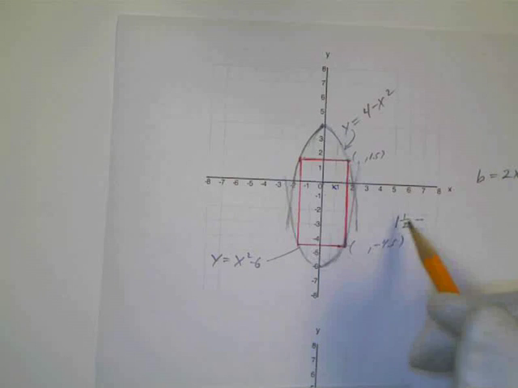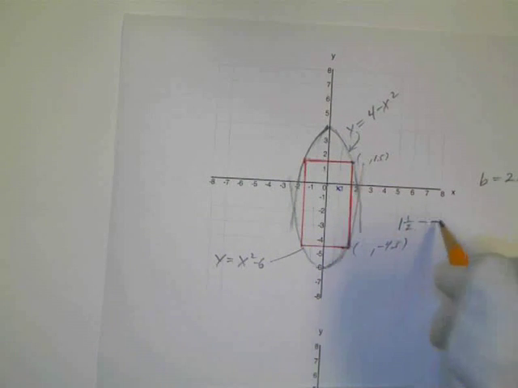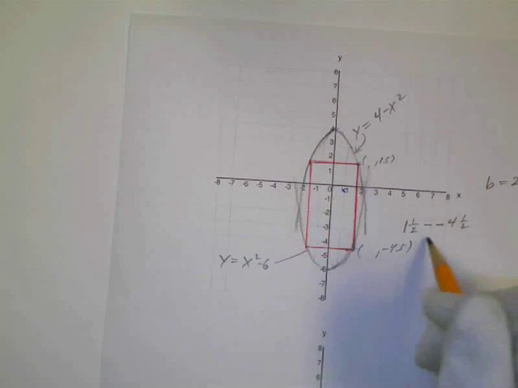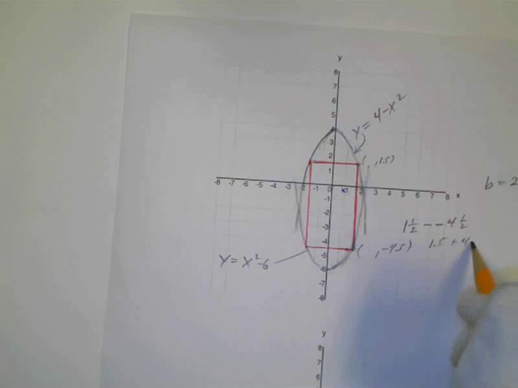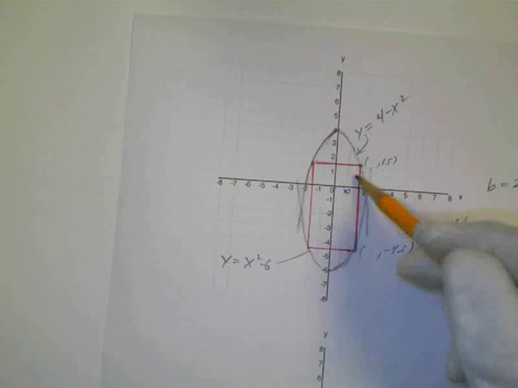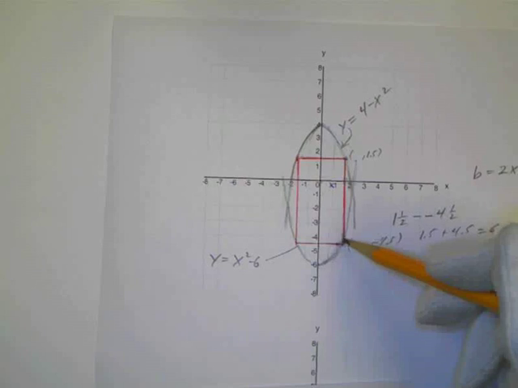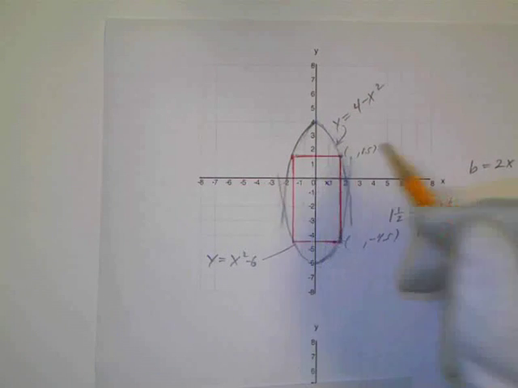Well, if I take 1.5 minus negative 4.5, I'd still get 1.5 plus 4.5, which is 6. So it's going to work out. We can find this length by taking the top value minus the bottom value, because the bottom value will be negative, and a negative times a negative is a positive.